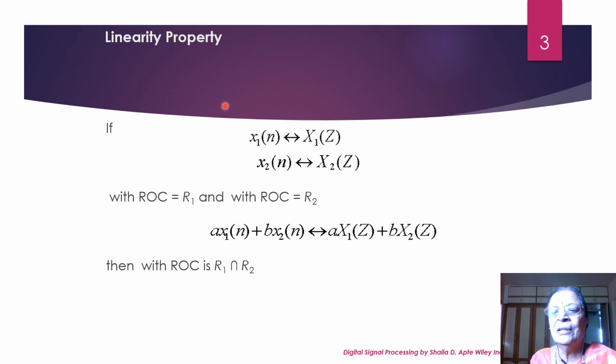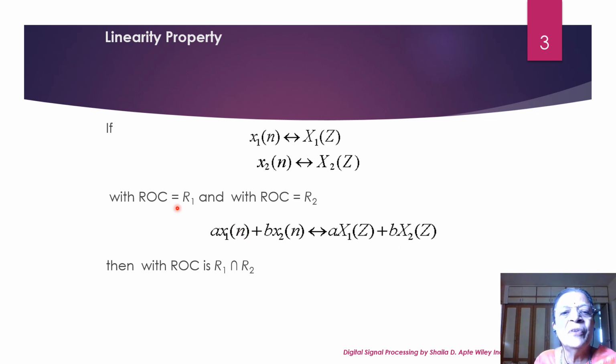So first one is linearity property, which is same as linearity property of other transforms. That is, if we have two input sequences x1(n) and x2(n), and if they are linearly combined as a times x1(n) plus b times x2(n), the corresponding transforms will also be linearly combined in the same manner, and you will get the effective Z transform.